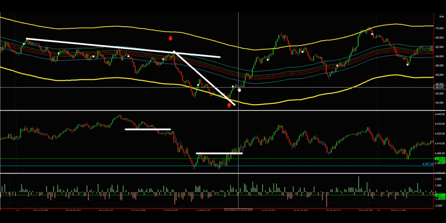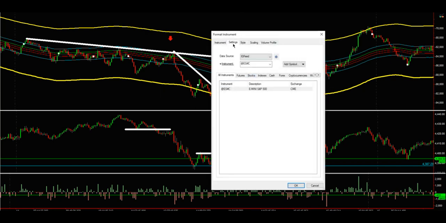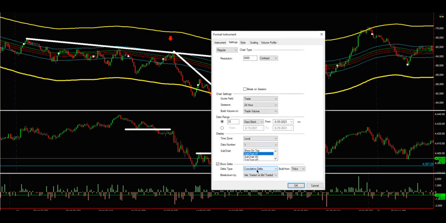So what is this all about? I think look at this data. This is cumulative delta using the ticks, and then we are doing this breakdown by bid versus ask traded. I think you all should know what that is, bid versus ask.